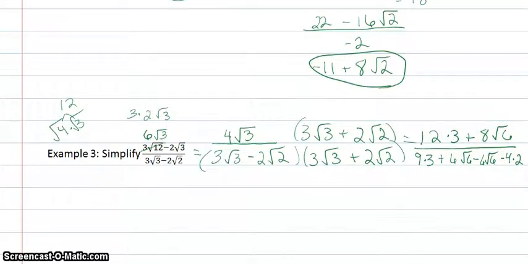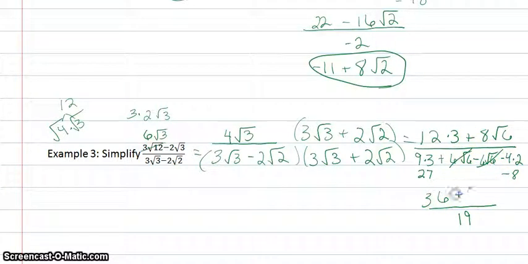So in the denominator, the middle terms cancel, and I need to go ahead and multiply those. So that's a 27, that's a negative 8, so on bottom I'll have a 19. Then on top I need to multiply the 12 and 3, that's 36.